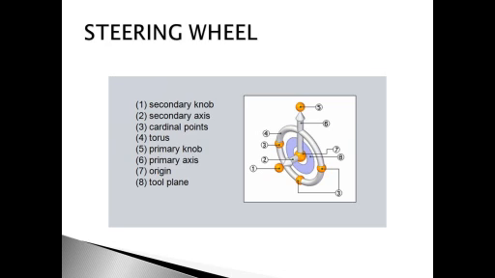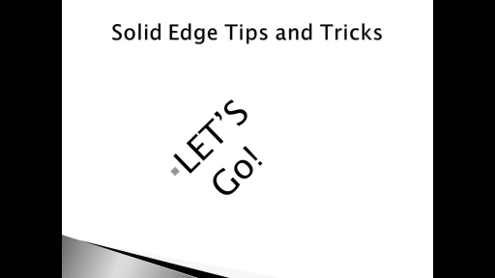The torus, which is the round portion that goes around the steering wheel. Primary knob, which is the knob located at the end of the primary axis. Again, the primary axis, origin, and the tool plane. And we're going to start looking at that in the synchronous environment in SolidEdge.